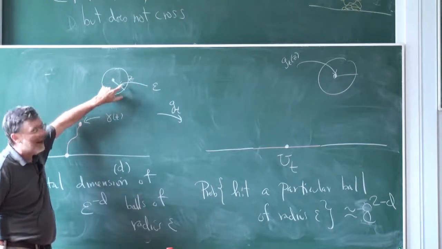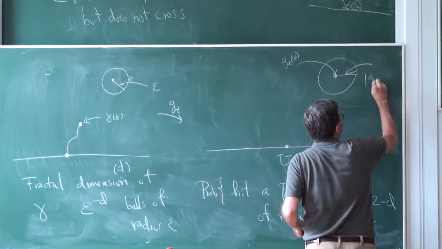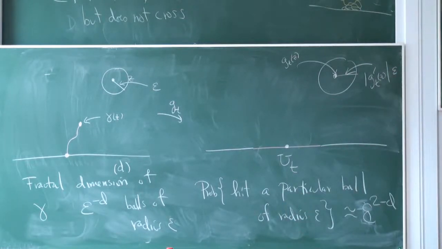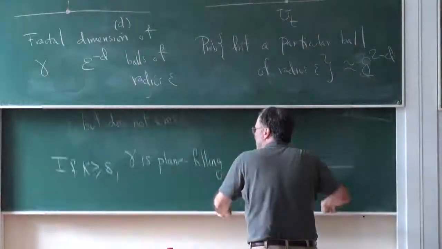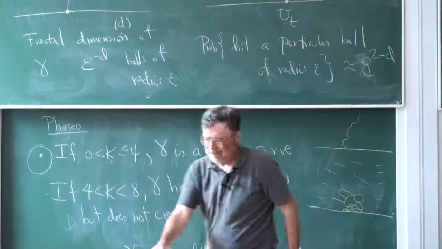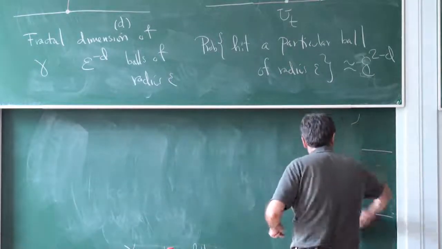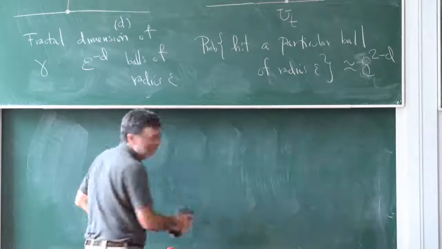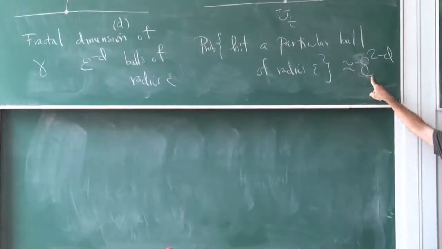If this is a ball of radius epsilon here, it's being mapped approximately to the ball of radius g t prime of z times epsilon. There's a derivative factor there.